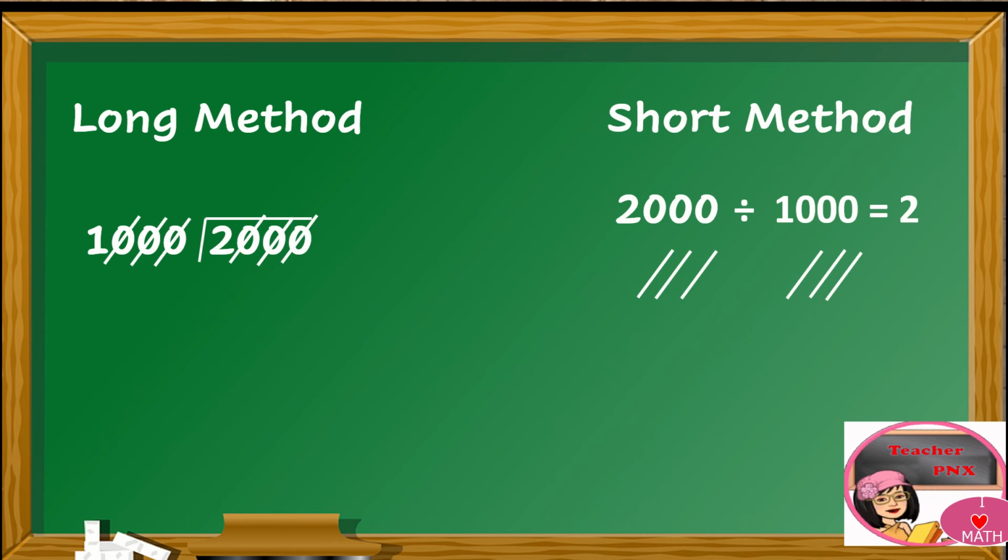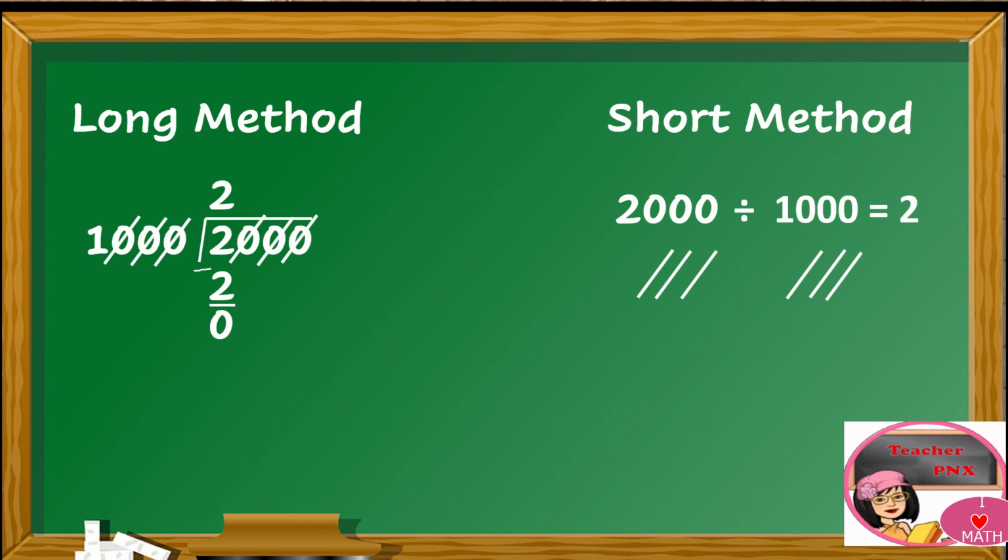Then, 2 divided by 1, excuse me, is 2. Then, 2 times 1 will be 2. 2 minus 2 will now become 0. So, the answer is 2.